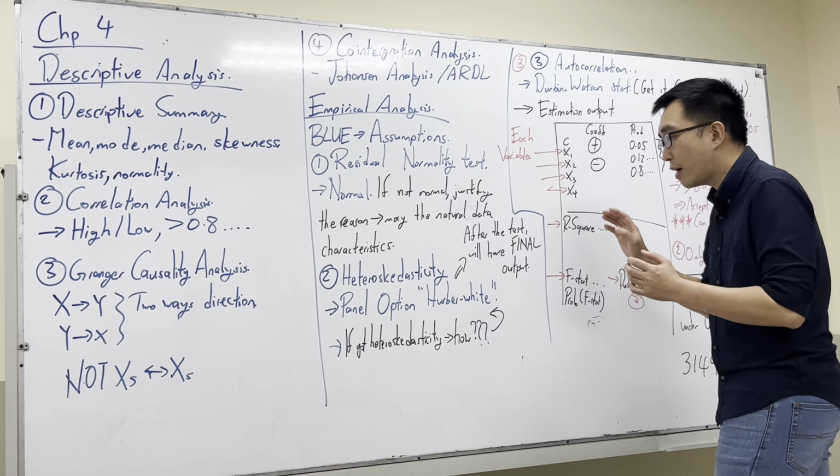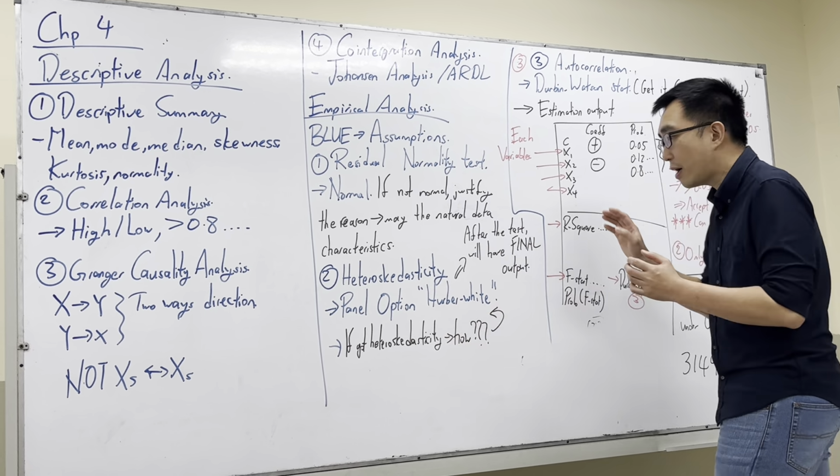For example, if variable x1 is 0.05, which means significant, correct? And it's positive. Significant and positive. What do you mean by significant positive? It means this x1 has an impact on the y.